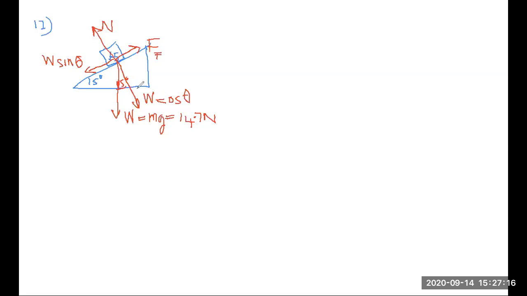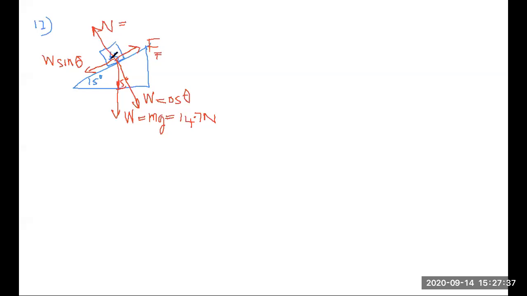So that resolution of the vertical weight, the vertical force of gravity, into these two parts, parallel and perpendicular to the incline, is a key thing that we do on these incline problems. We always resolve weight into these two components. Here are the reasons we do that.